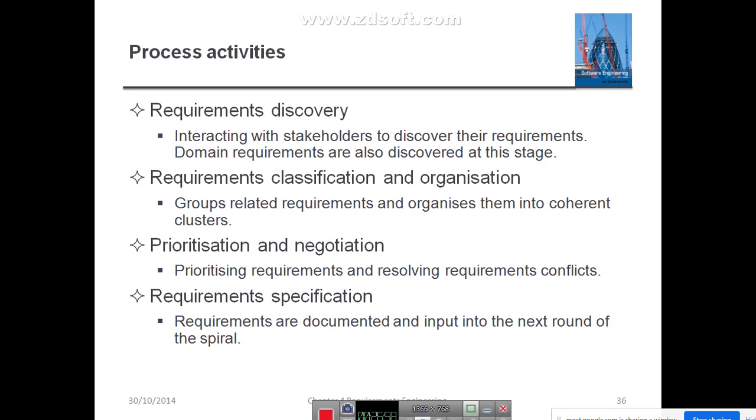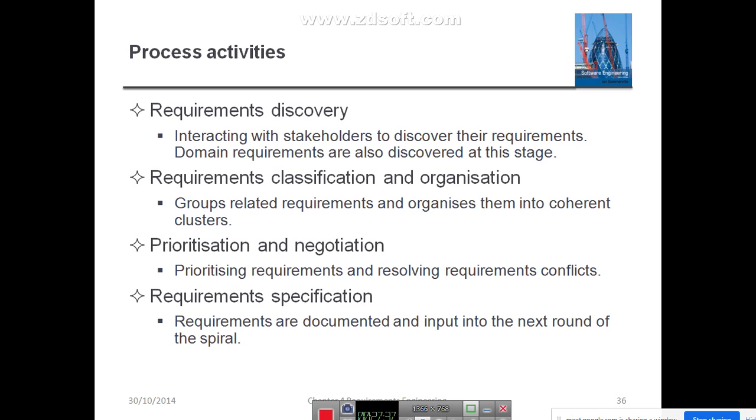The next is prioritization and negotiation. Whatever requirements you have discovered, for all those requirements you are going to give the priority and resolve the requirement conflicts. That means if different kinds of requirements come into existence, such requirements you are going to negotiate. If conflicting requirements are there, you are going to resolve that.